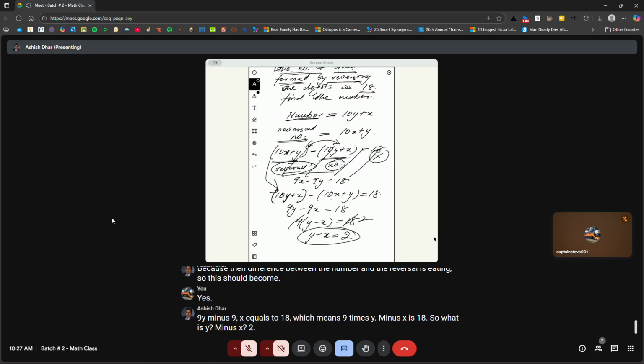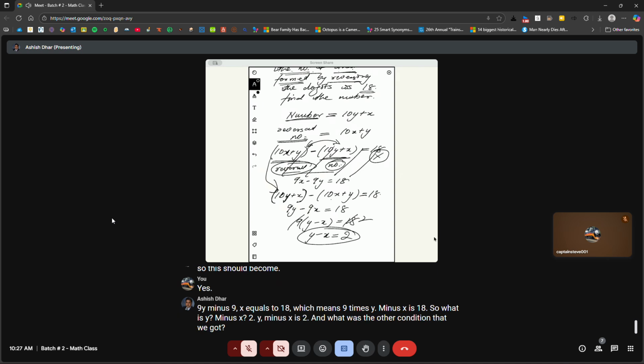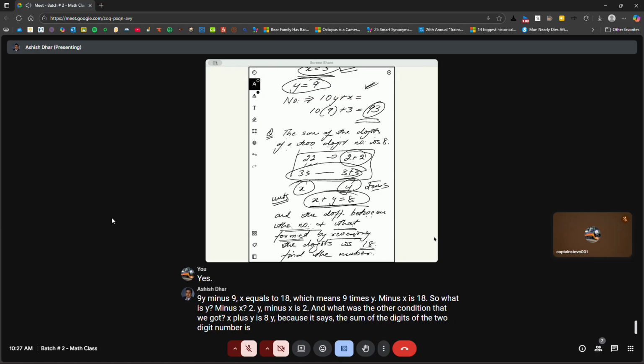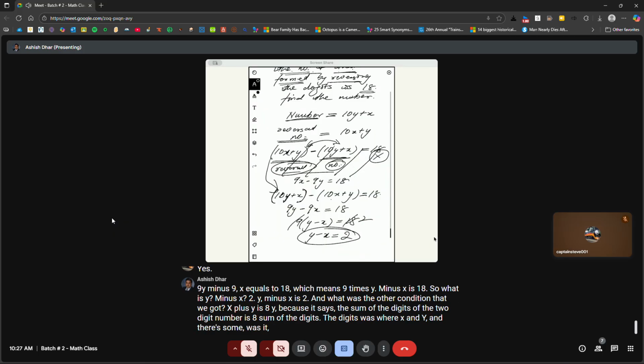2. Y minus x is 2. And what was the other condition that we got? X plus y is 8. Why? Because it says the sum of the digits of the two-digit number is 8. The digits were x and y, and their sum was 8.